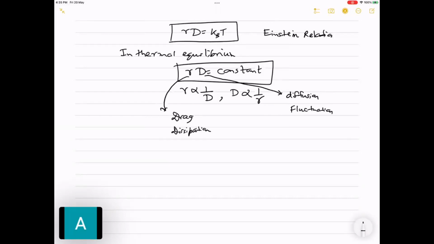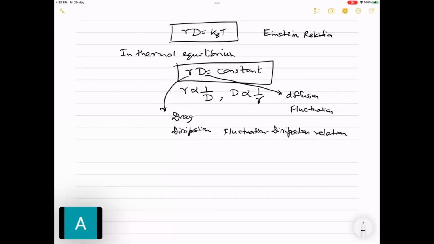So sometimes this is also called one of the elementary forms of the fluctuation dissipation relation. It connects fluctuation to the dissipation. But this was not the importance of the work that Einstein did in the year 1905. The importance of the relation was something else.